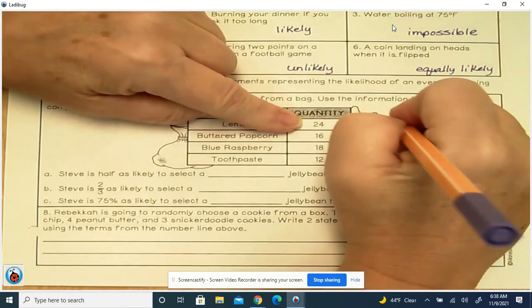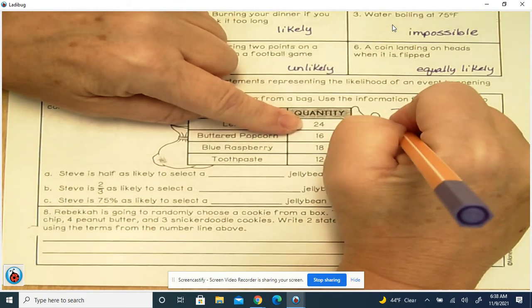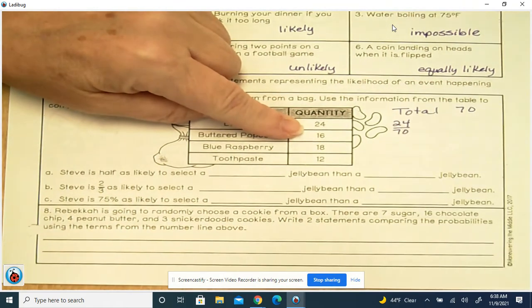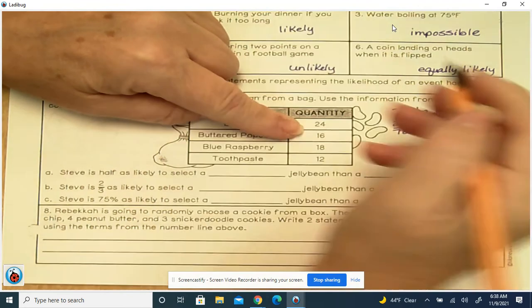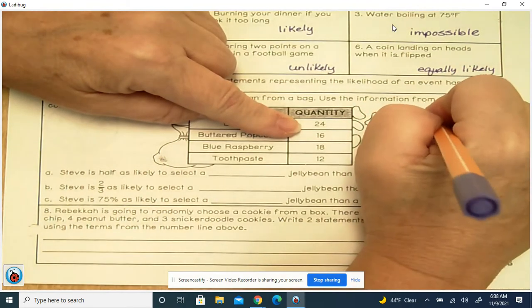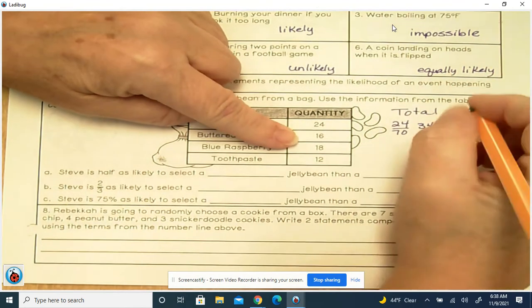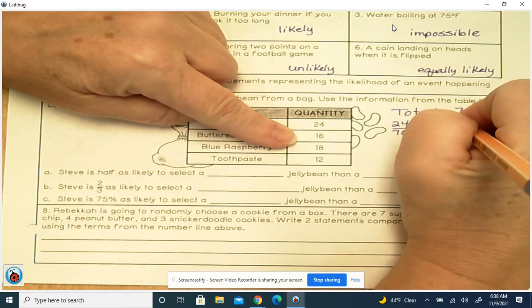All right, let's do the percentages. 24 over 70 is 34%. 16 over 70.